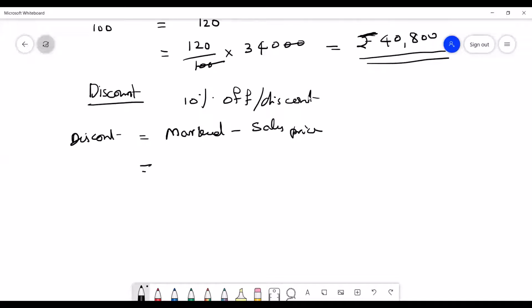What is meant by marked price? Whenever we purchase an item, there will be a price printed on the cover, that is the marked price, and we may get a price less than that, and how much amount is reduced, that is the discount.